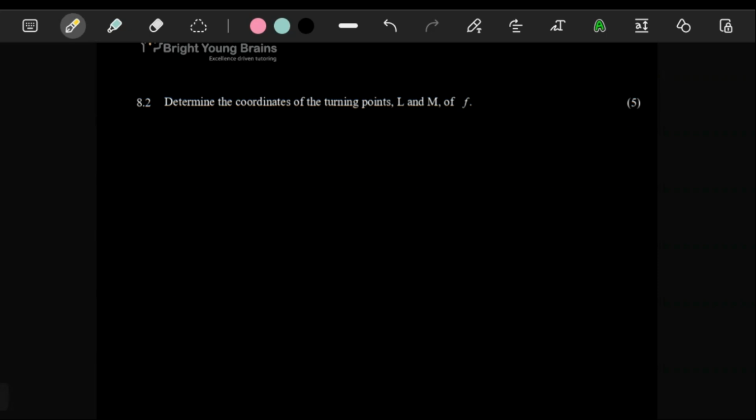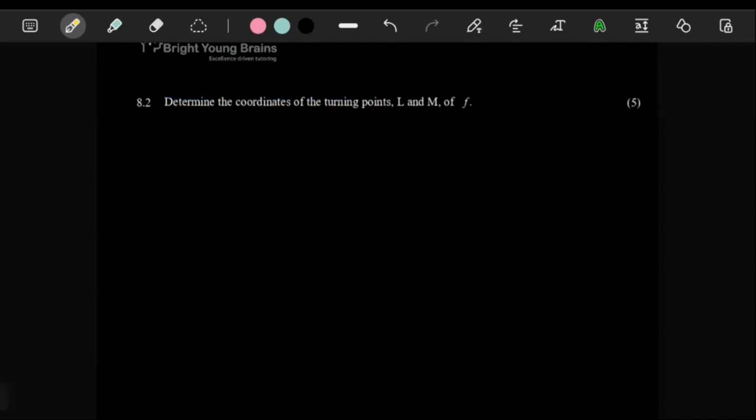L and M are just the turning points. So if we're going to get the turning points of our graph, we already have the equation anyways. So this question, whether or not a person got the first one right, it doesn't matter, because to get the turning points, you can just make use of the equation.